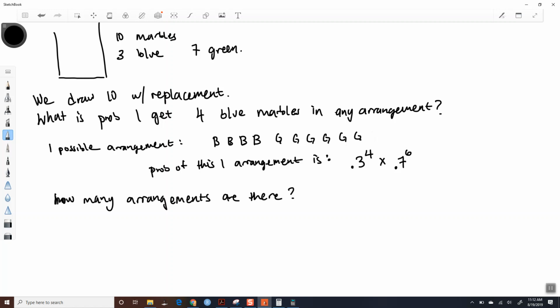So how many possible arrangements are there where I have 10 marbles total and 4 are blue? This is given by n choose k. In this case, n is 10 and k is 4, and this is equal to 210.